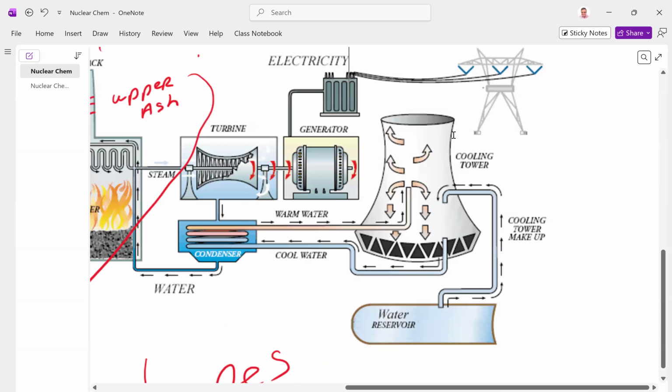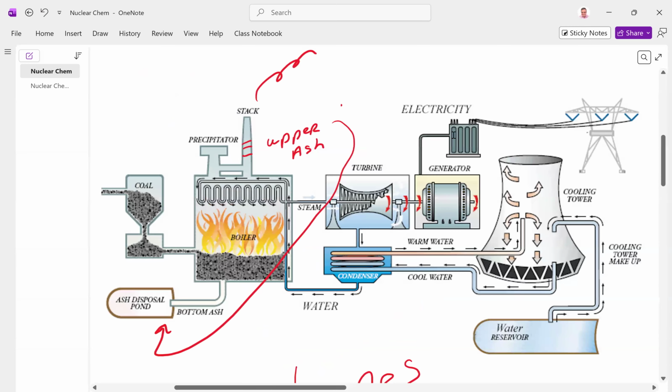Okay, this is a schematic of a coal-fired plant.